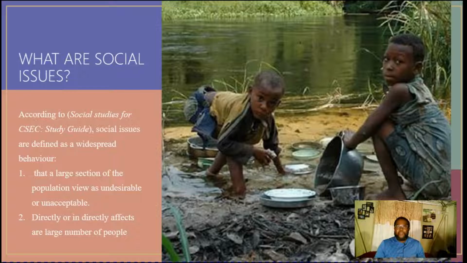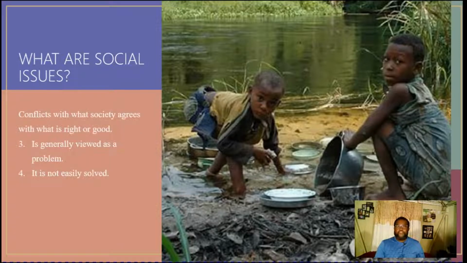When people or situations try to go against these social norms, then they are classified as social issues. And these directly or indirectly affect a large number of people. Let's take for instance drug abuse, which affects a large number of people in various ways.